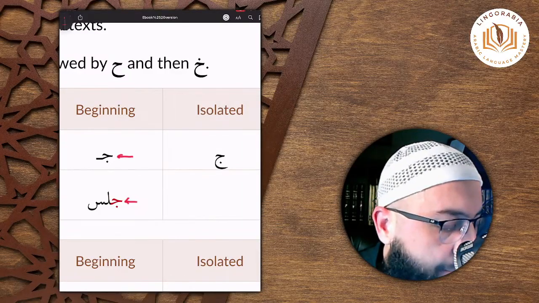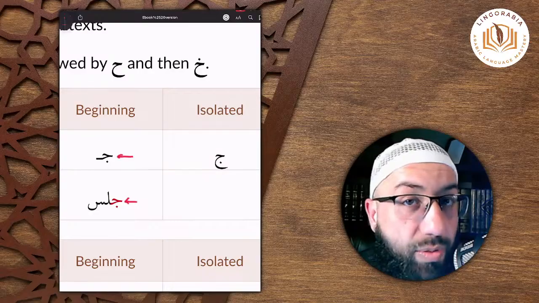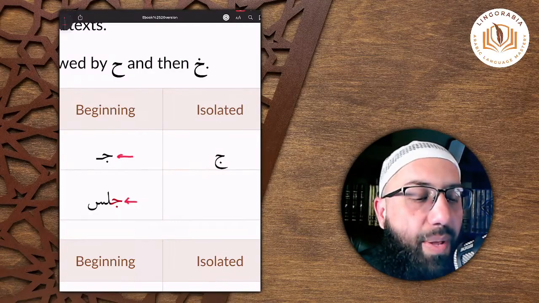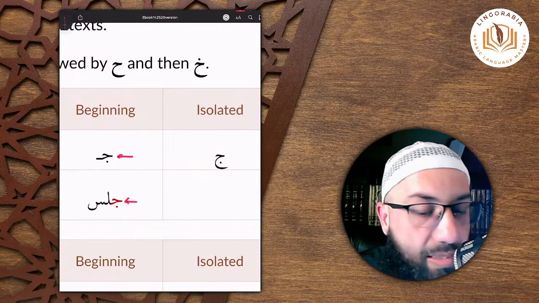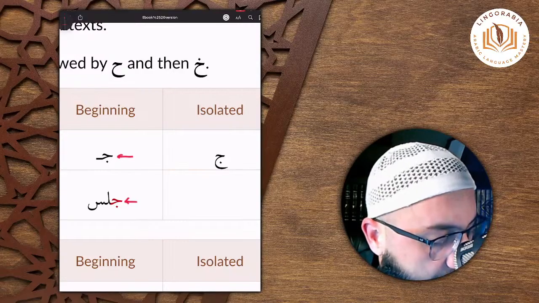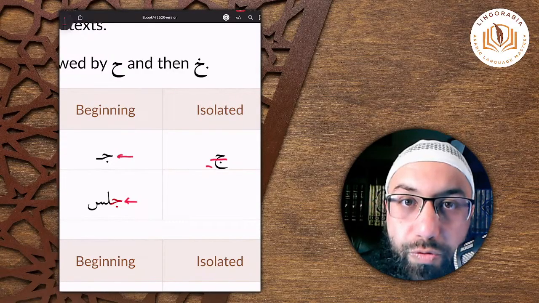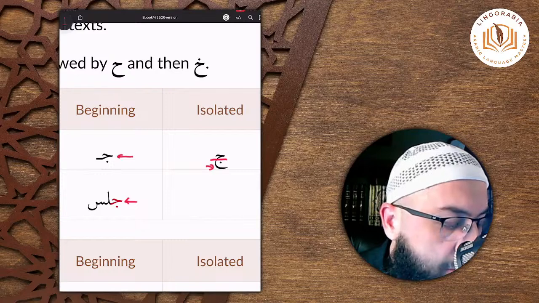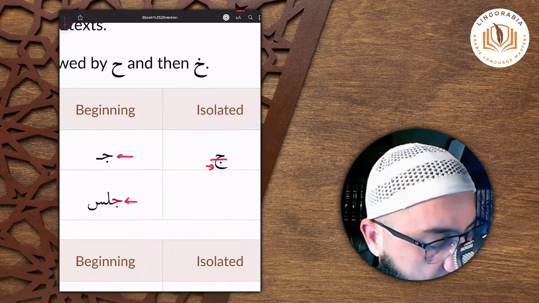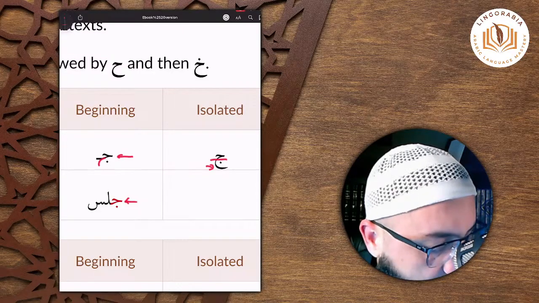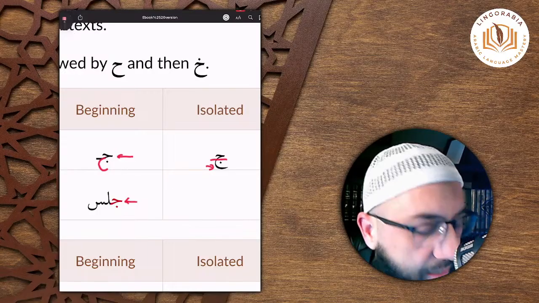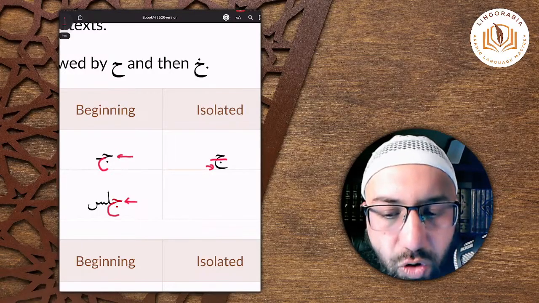Remember I talked about the upper part and the lower part. Now you see that the lower part of the Jim is being removed. Why is that? Because it's too difficult. If you would go here, and then go like this, and then go back to connect it with the next letter, it is too much effort, guys.